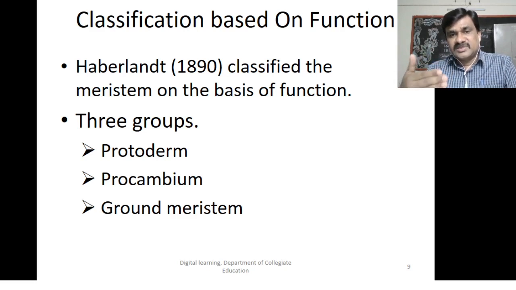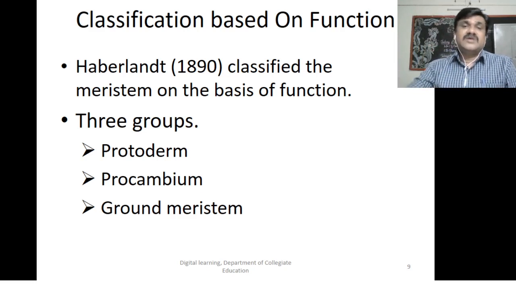So according to Haberlandt, protoderm develops into the epidermal tissue system, procambium develops into the vascular tissue system, and ground meristem develops into the ground tissue system.